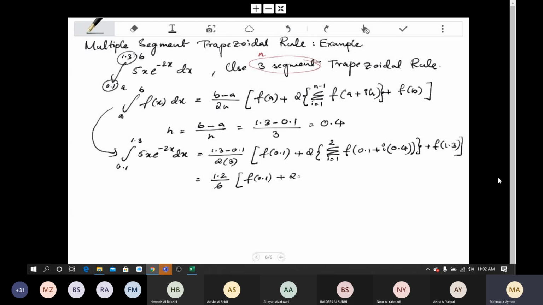So we have 2 times in, my bracket doesn't look really good. Okay, so now we have here, tell me what would be for the f, the coordinate of x here. It would be f of what?